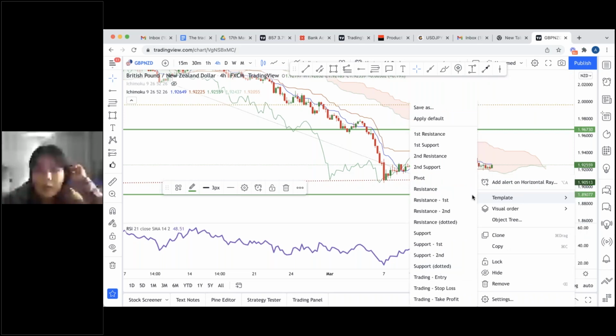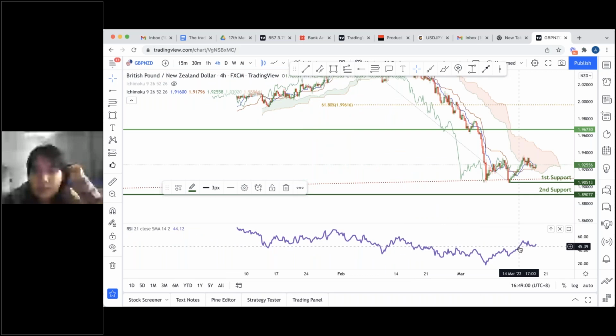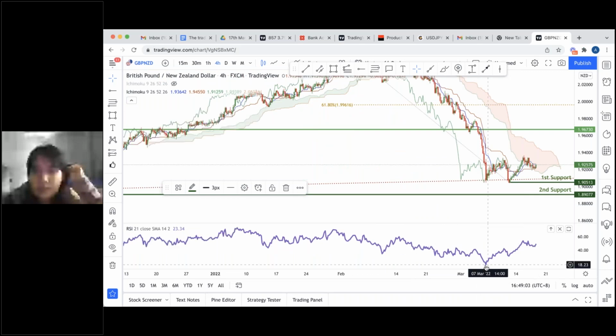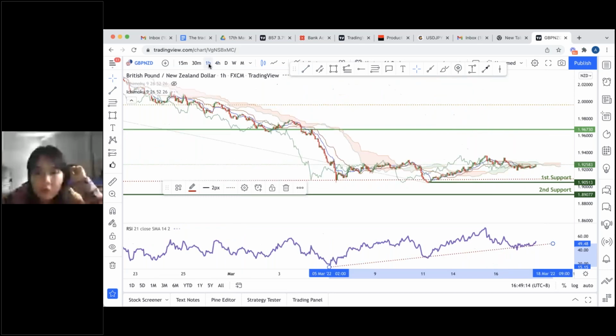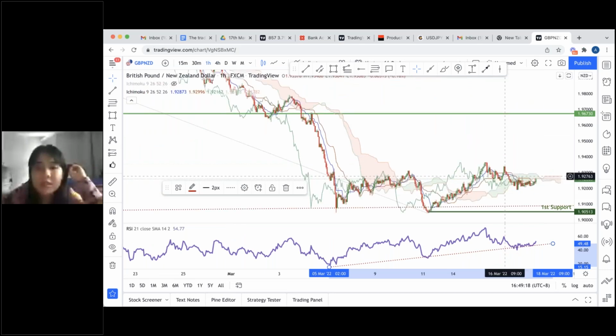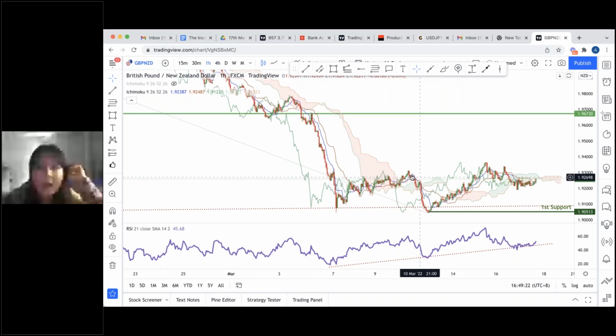So how we get to that is that firstly on RSI we can see a bullish momentum coming up from here. Ichimoku is showing a bit of a sign of bullishness. If you guys can see on the small time frame, price is consolidating here, but it's actually hovering sideways. Or you can see that RSI is actually making a bullish momentum here.